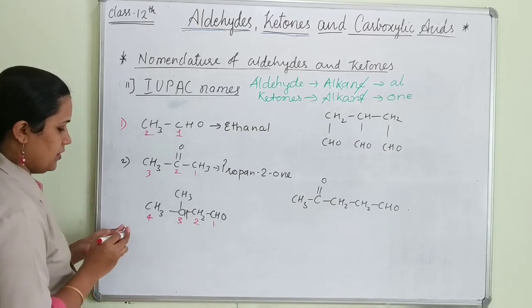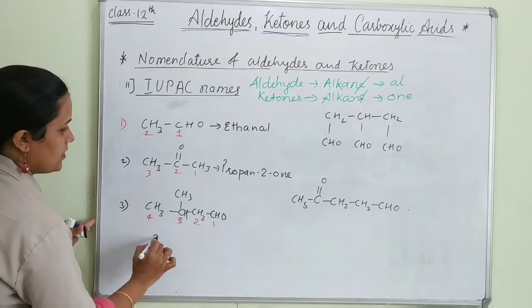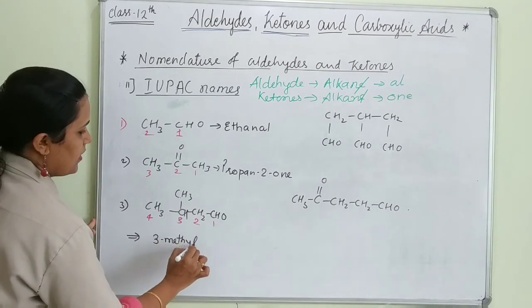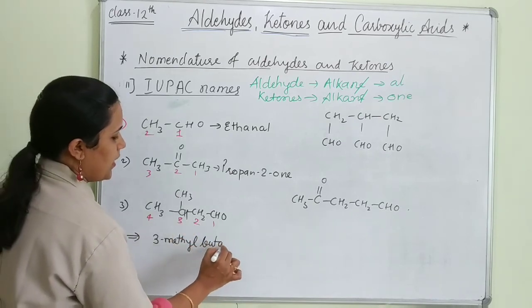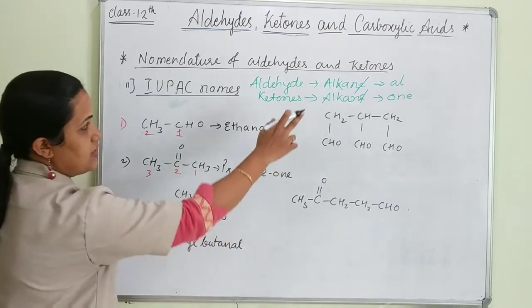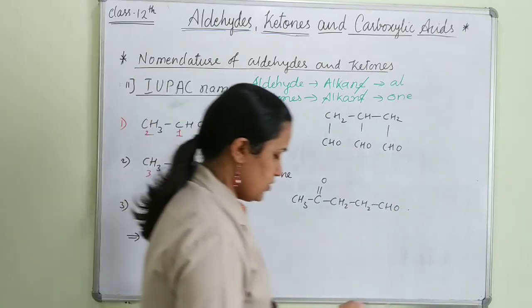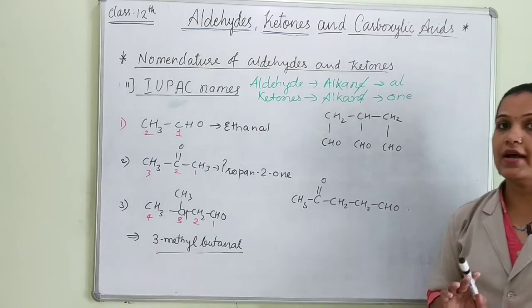So at the third position, as we know a methyl group is there, so the answer is 3-methyl, 1, 2, 3, 4, so butanal, because for an alkane, remove E and add Al. Okay, now this is all, and this is very simple also. It is easy, you have studied this in your class 10th.